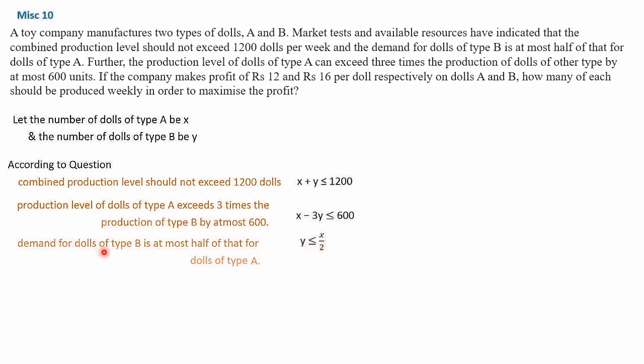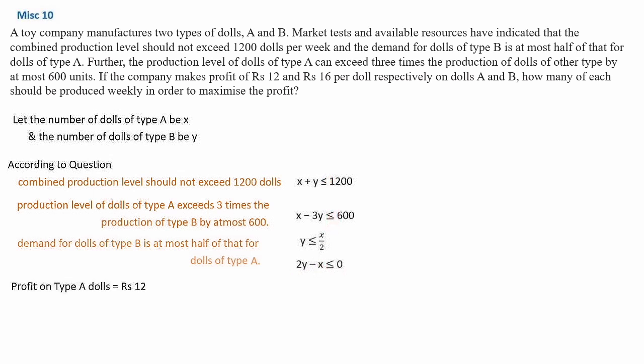Demand for dolls of type B, that is Y, is at most, means maximum, means less than or equal to half of that for dolls of type A. Half in the sense X by 2. Let's rearrange it, we will get it as 2Y minus X less than or equal to 0. So 3 inequalities we have got.